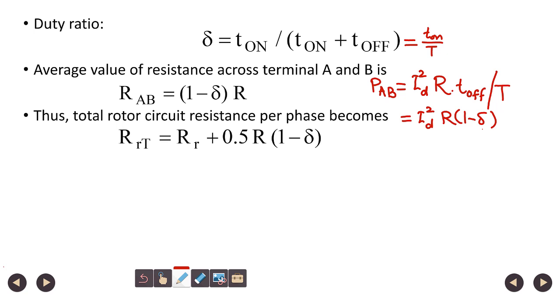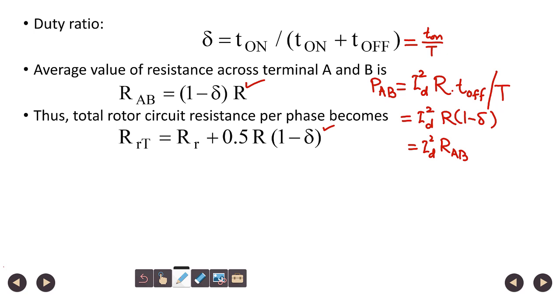So, you can say the effective resistance between A and B, this is I_d squared into R_AB. So, R_AB is (1 minus delta) into R, and total rotor circuit resistance per phase is given by this expression, that you can see.